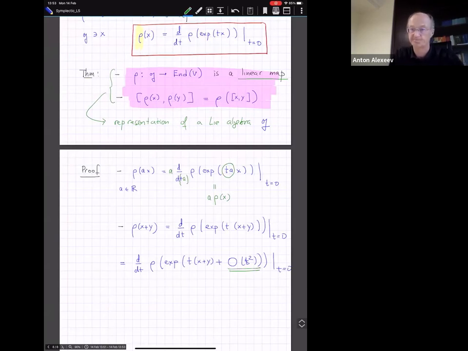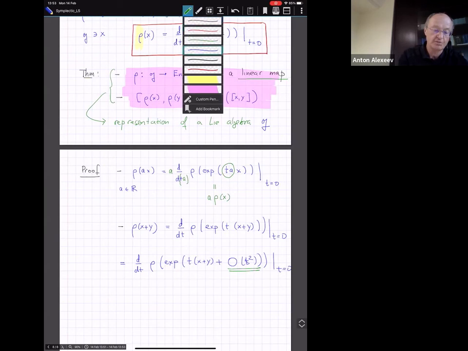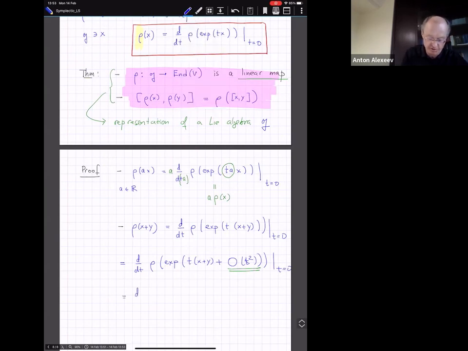Now, in the previous problem set, you saw the Baker-Campbell-Hausdorff formula, and this formula tells me that I can add such a tail, this O of t squared, such that I would get exponential of tx times exponential of ty. So this product is of the form that I want.